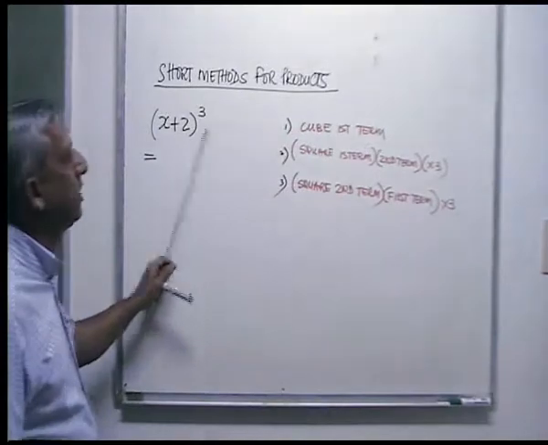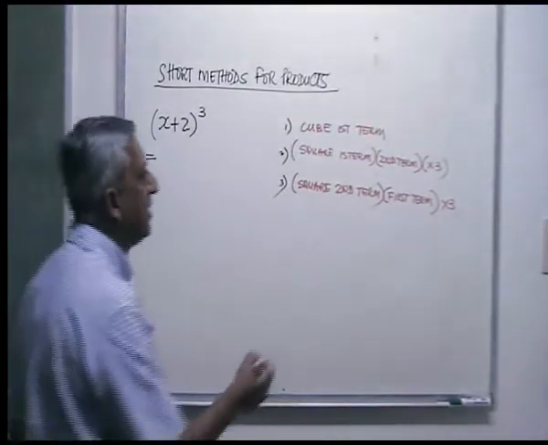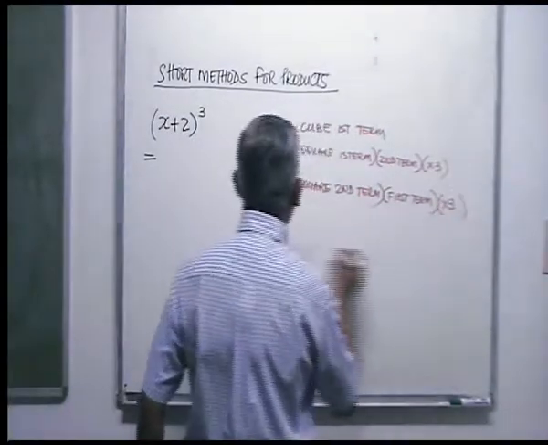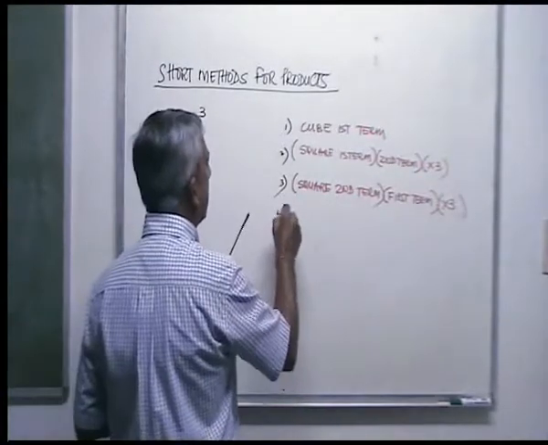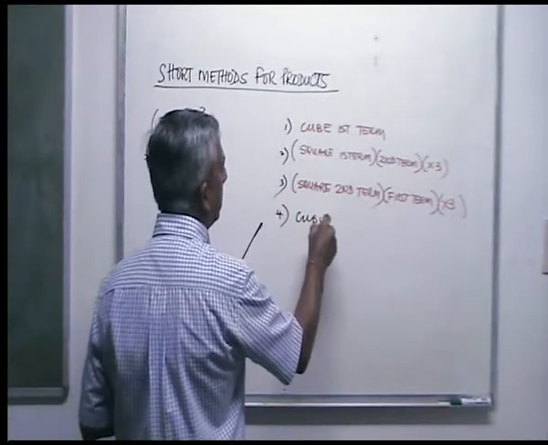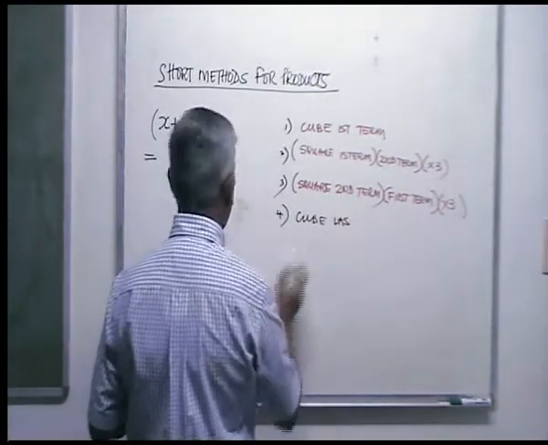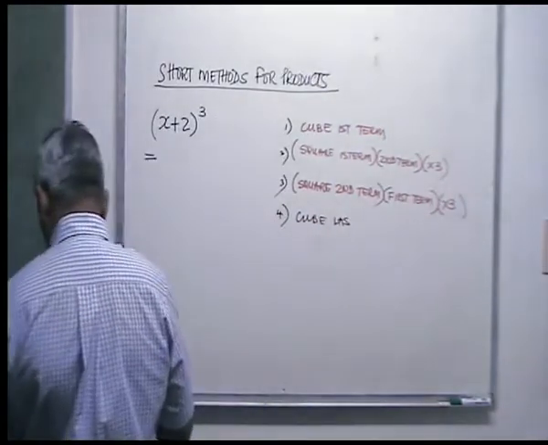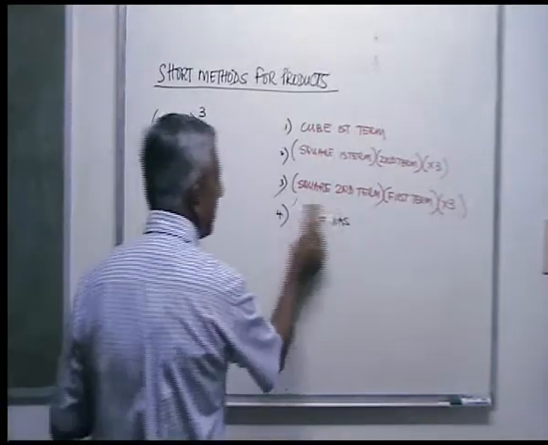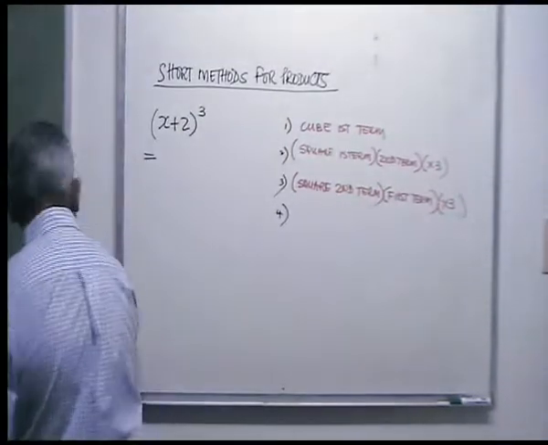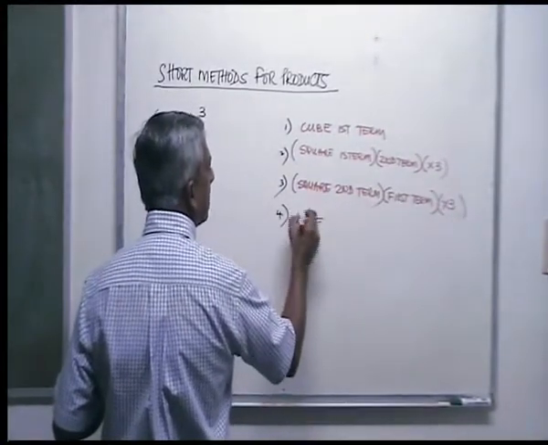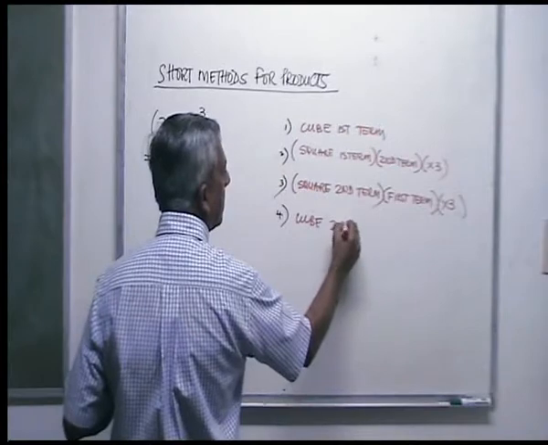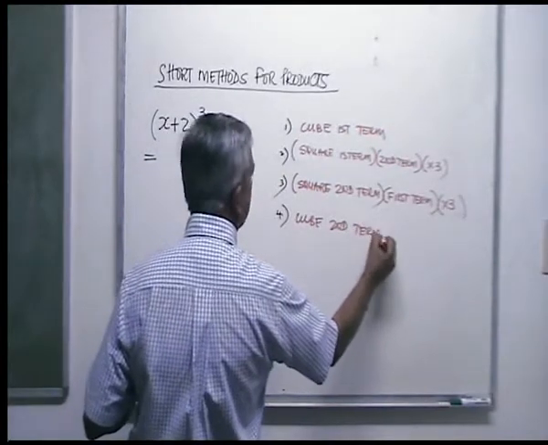Because you're cubing, you're going to treble. It's times 3. And finally, you cube the last. Let's make this look nice. We wrote everything in red there, so I'll write that in red. And then finally, you cube the second term.